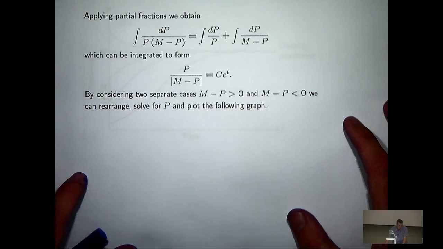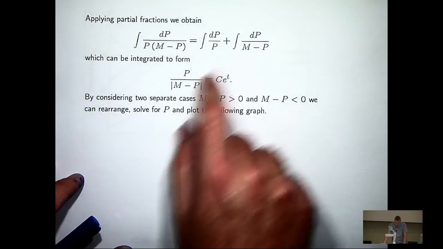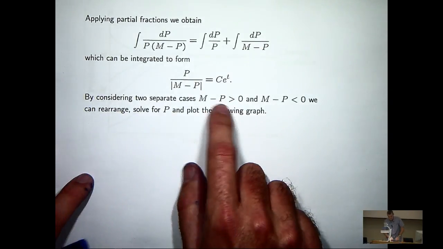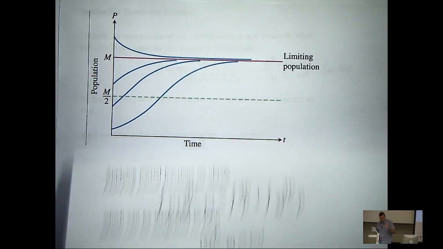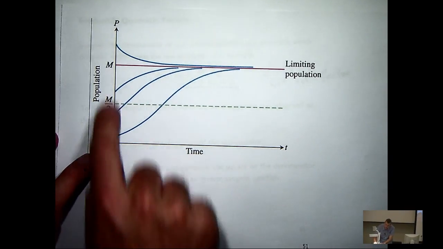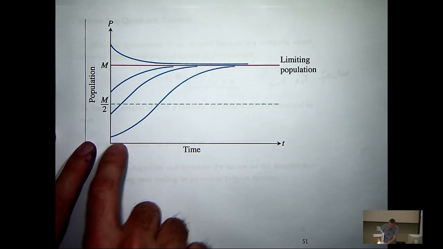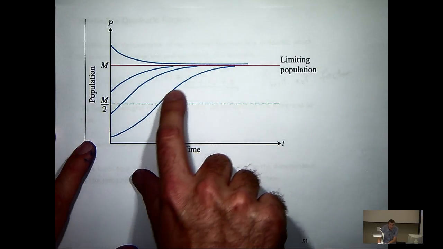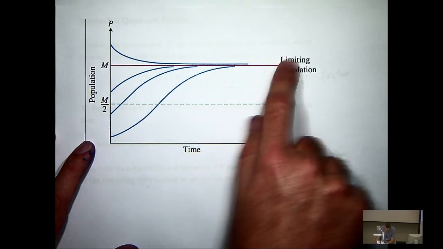So how do you do it? Well, you can split up the integral into 2 subintegrals and then integrate. If you consider 2 separate cases, then the solution looks a little bit like this. So think of this as time and this as population. You can see if I have a low starting population, the population increases and then heads towards this limit m.